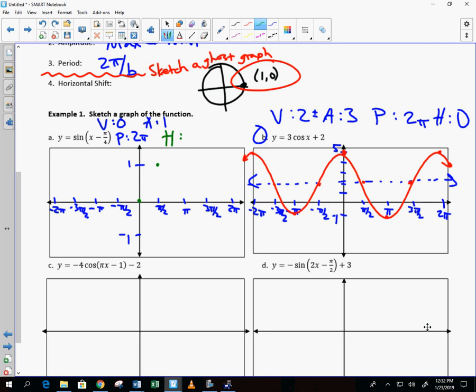And sine starts in the middle. And then it goes up. And it'll come back down, bottom out. This is the ghost graph. And what I do, this is what it would look like if there was no horizontal shift.